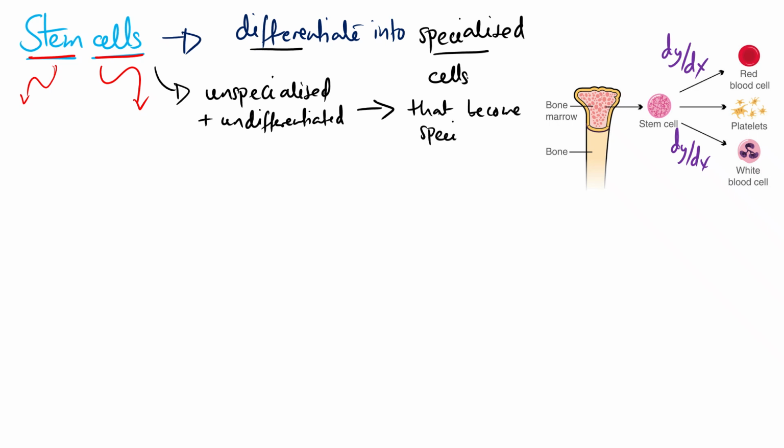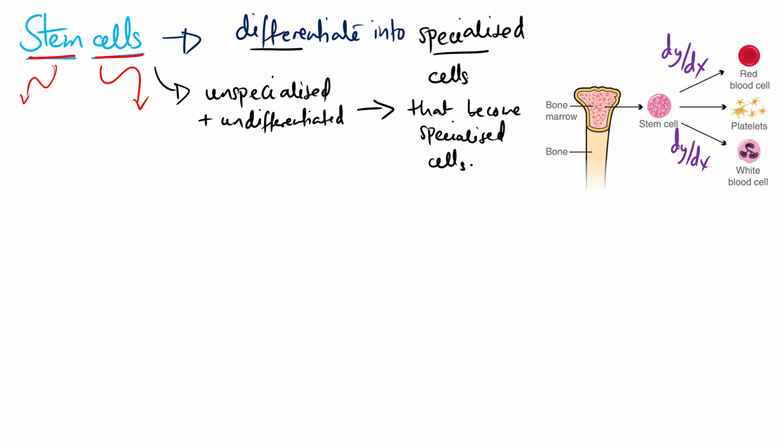So it's undifferentiated to differentiated. Okay, sweet. We've defined stem cells, haven't we, and their functions. So they can differentiate into any of these cells, and there's a tendency in, let's say, embryos to differentiate into any cell type.